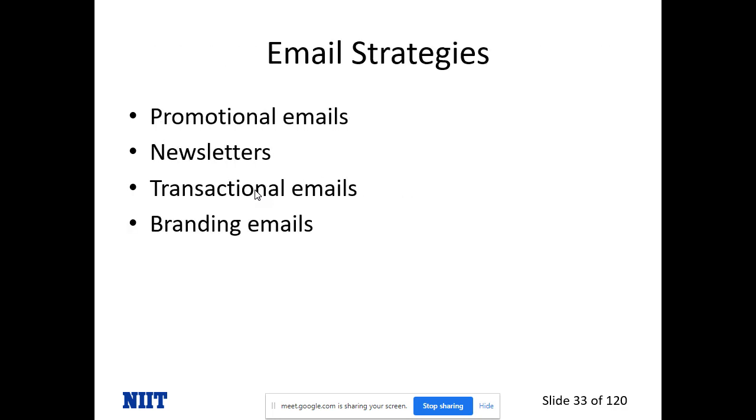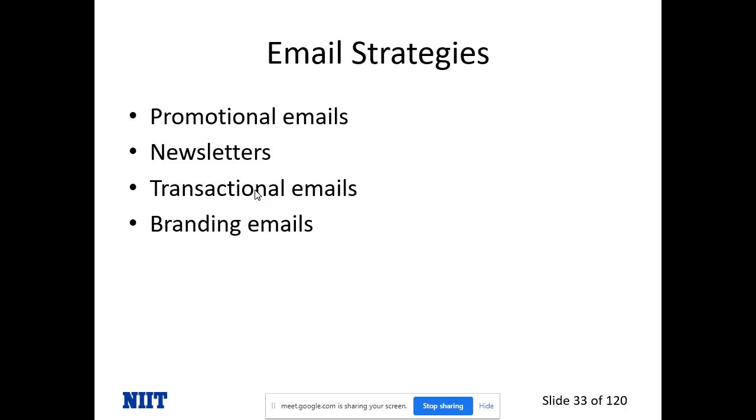So before making the strategy, what we have to decide is whether the email is promotional, a newsletter, transactional, or branding. A branding email should contain each and everything about your brand, crafted with a nice recognizable image, and social media links and everything that is required.